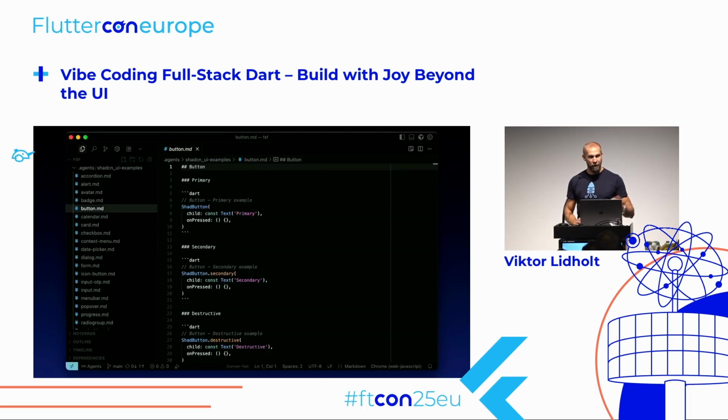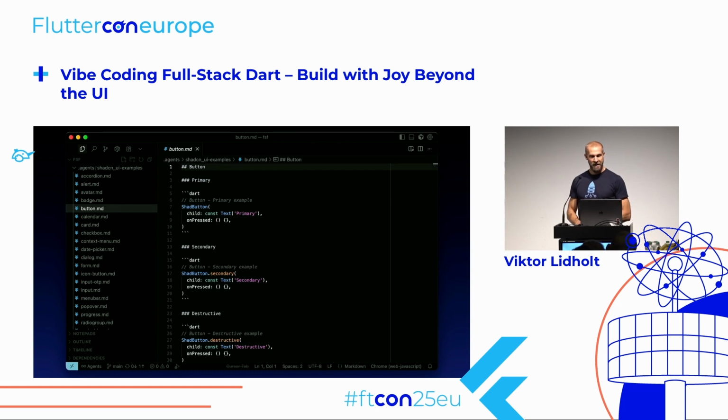And the output I got from this is an example, maybe a little bit small to see super well, but on the left-hand side, you can see all the different components. So you have accordion, alerts, avatars, badges, everything. And I just opened the button file, so you can see a few examples of the buttons.